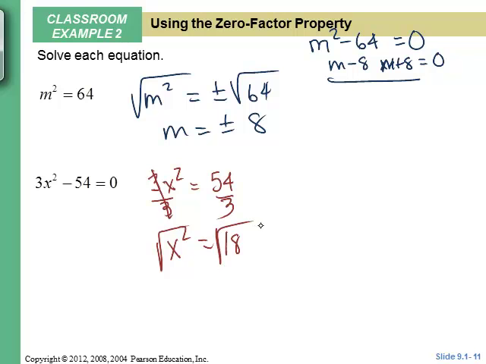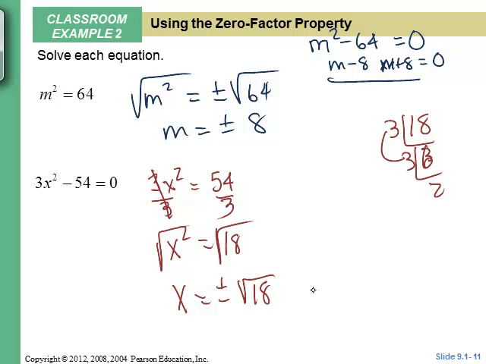Take the square root of both of them. x equals plus or minus the root of 18. 18 divided by 3 is 6, divided by 3 is 2. So x equals plus or minus 3 square root 2.